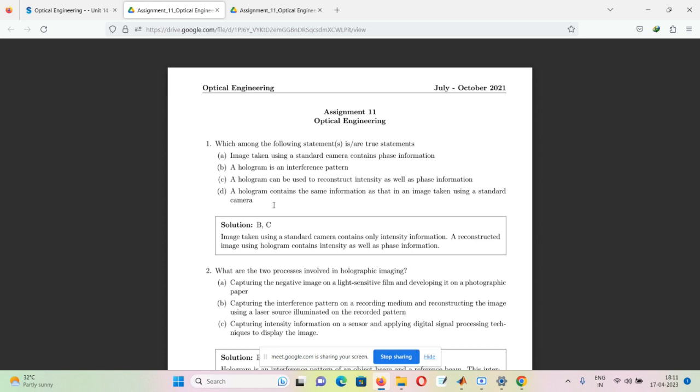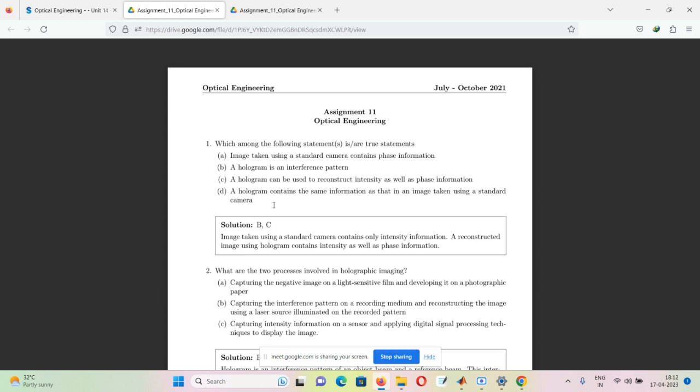What is a normal camera actually recording? It is recording intensity, whether it's a photographic plate or a CCD or CMOS detector. It is responsive to the intensity of the light, and intensity is amplitude squared. If you consider light as electromagnetic radiation, it has a complex structure containing an amplitude part as well as a complex imaginary phase part.